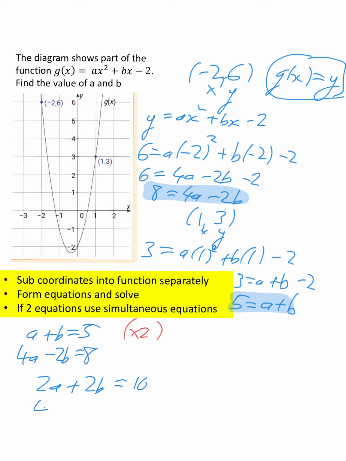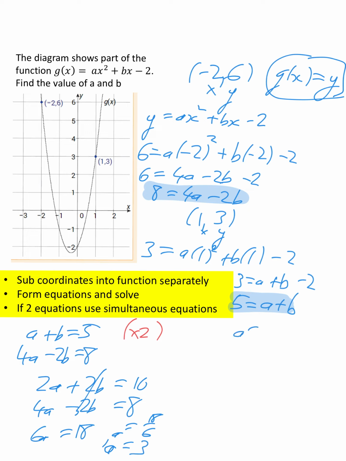Under it then, I'm going to have 4a minus 2b is equal to 8. Now adding straight down, plus 2b and minus 2b cancel. 2a and 4a is 6a. And then 10 plus 8 is 18. So a is equal to 18 over 6. So a is equal to 3.